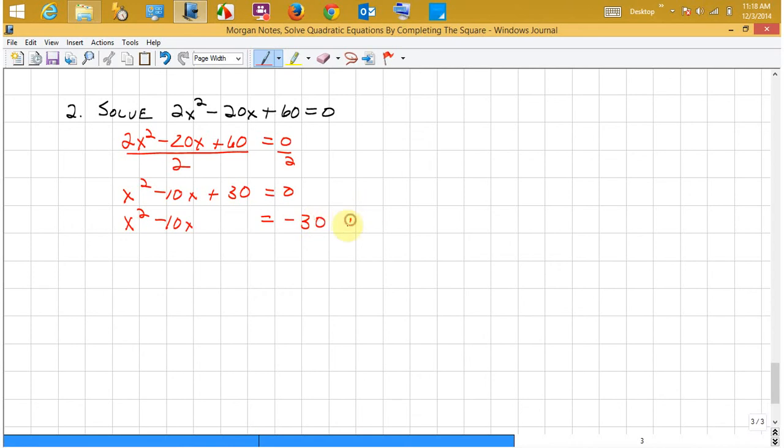And I'm going to add some value to both sides. It makes it a perfect square. So what that would be is half of the 10, negative 10. That would be a negative 5 squared. It would be 25. So I'm going to go x squared minus 10x plus 25 is equal to a negative 30 plus 25. So writing the left-hand side as a perfect square, half of 10 is a negative 5.